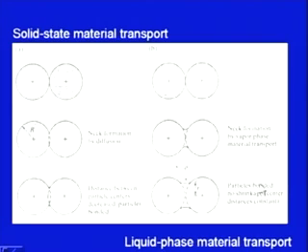There is no shrinkage, and the center to center distance between these two spherical particles always remains constant in this case. So, these are the two mechanisms of particle to particle bonding during the sintering process.